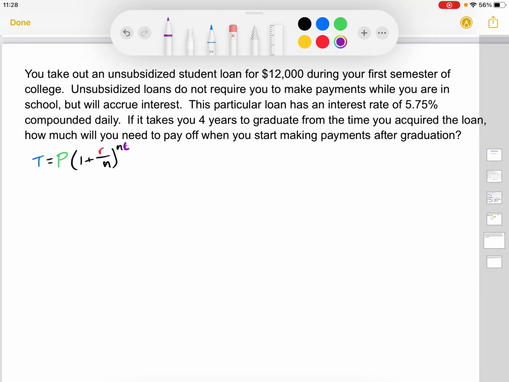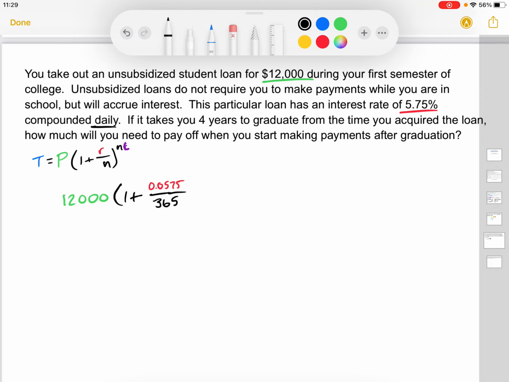Okay, hopefully you had an opportunity to work through this. I'm going to highlight my important values here. We've got $12,000, that's my principal. And then this is 1 plus the rate, which is 0.0575 over daily compounding.